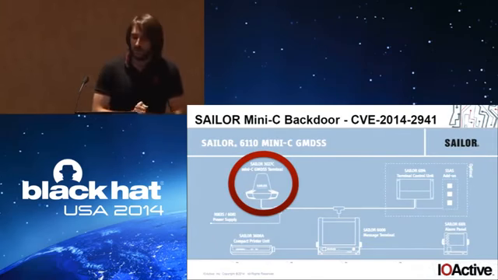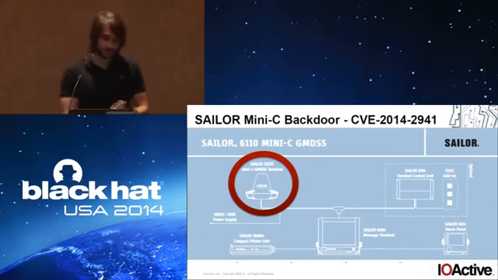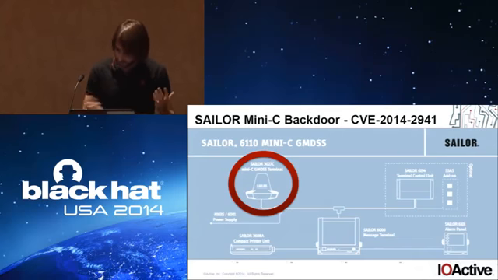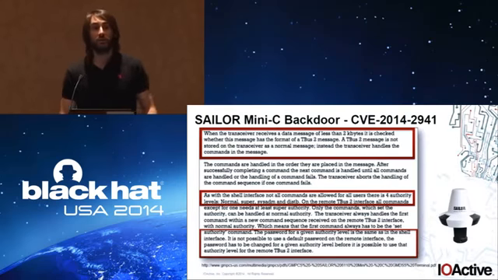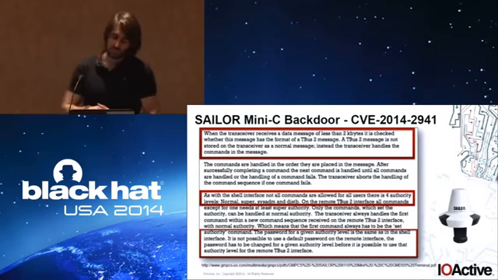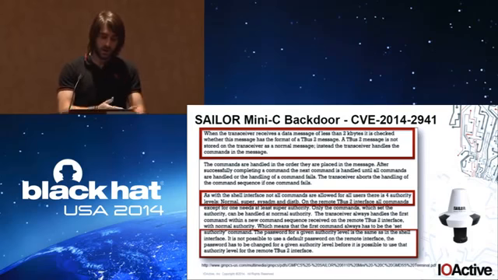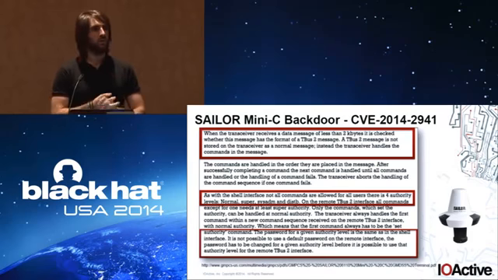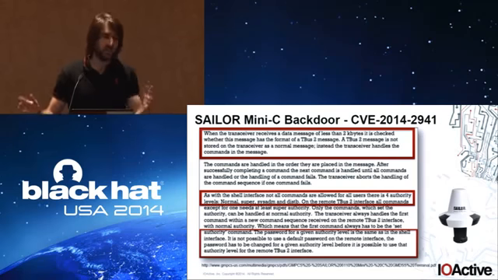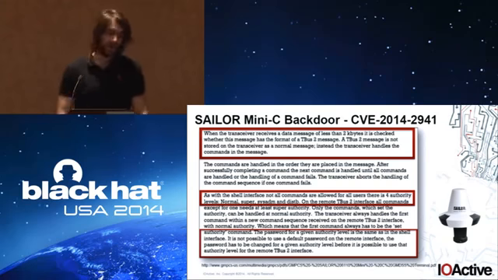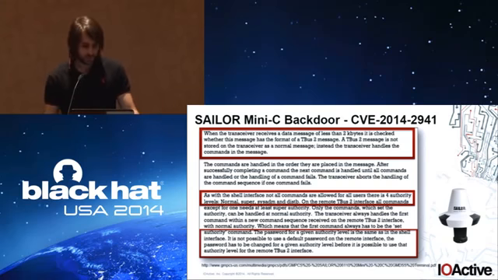Another part of the GMDSS installation is the Sailor Mini-C terminal. If we read the documentation, there are some interesting things. For example, we see that it supports a remote interface that has 4 different authority levels: normal, super, sysadmin, and distributor.